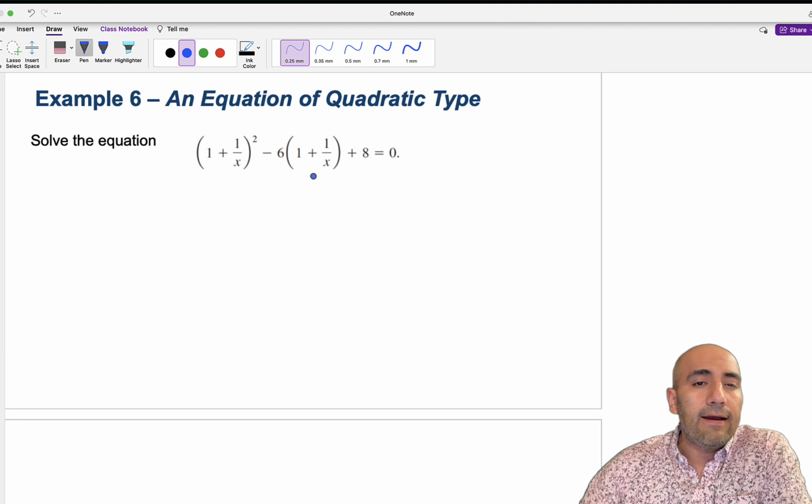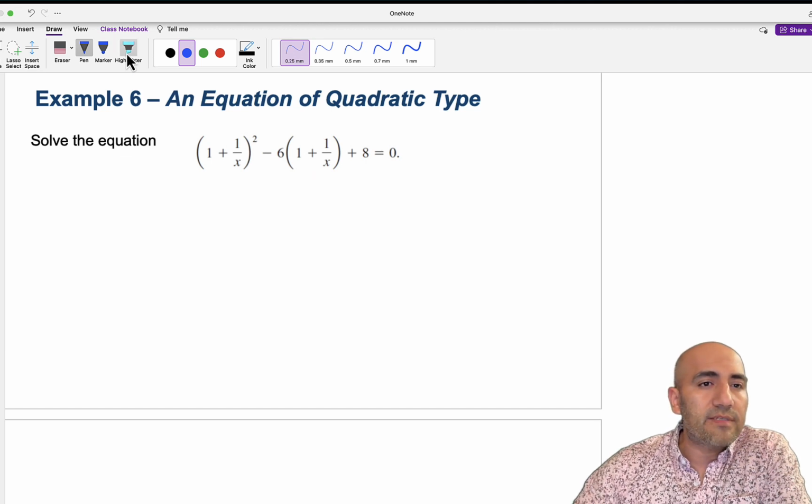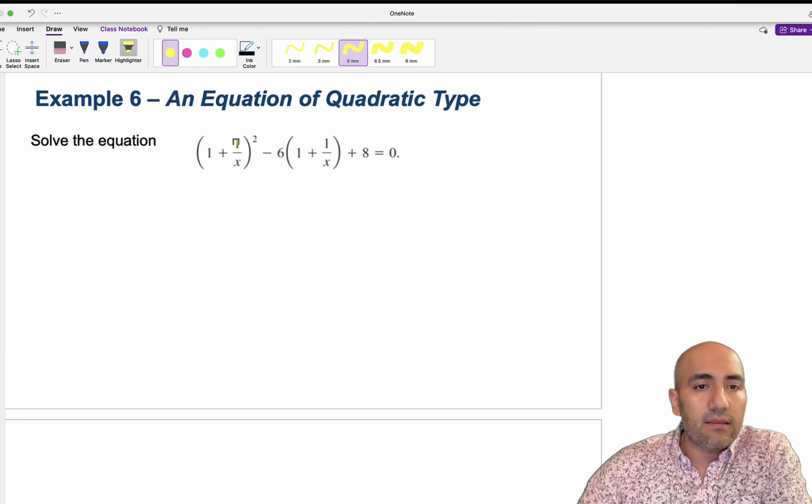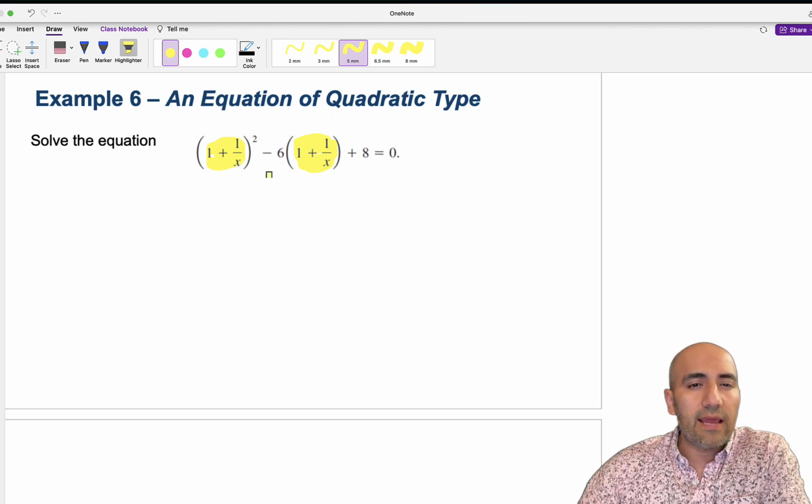But another thing that pops out is that this is identical to this. So that's kind of curious. It's this in yellow raised to the power of 2, and then this in yellow raised to the power of 1. So because it happens to be an equation that fits that sort of form, I could see that this is an example of a quadratic in disguise.